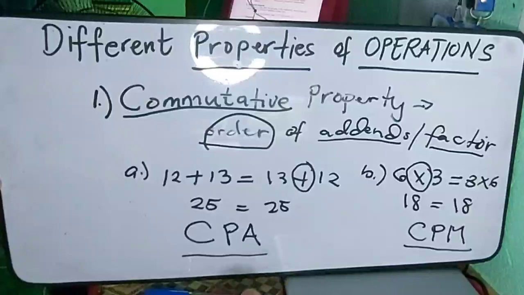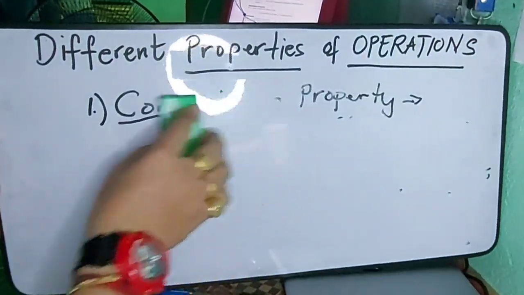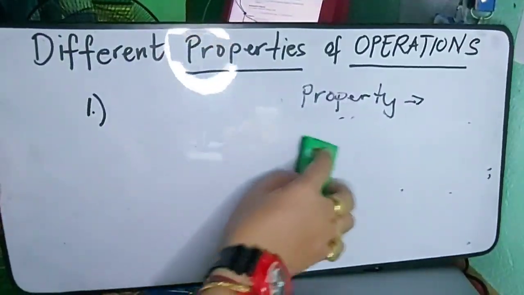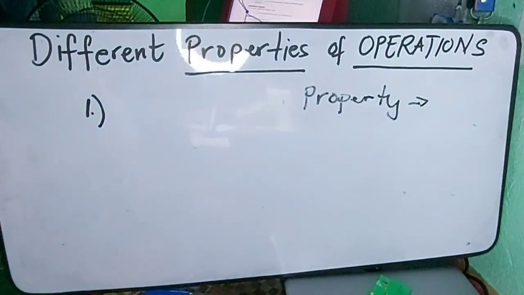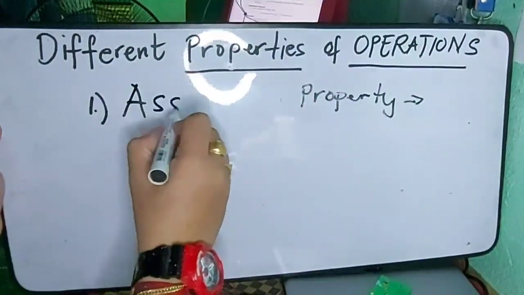Let's have our second property. Our second property is called the associative property. What is the associative property?